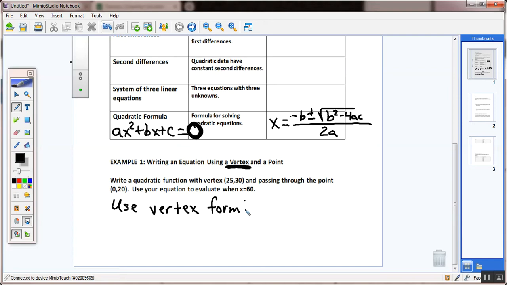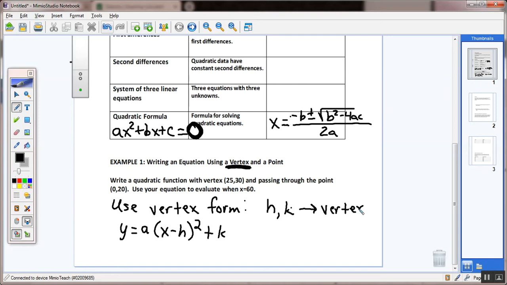First of all, general form of vertex form takes on the following form. Y equals some value A times x minus h squared plus k, where the point h comma k represents your vertex. Okay?